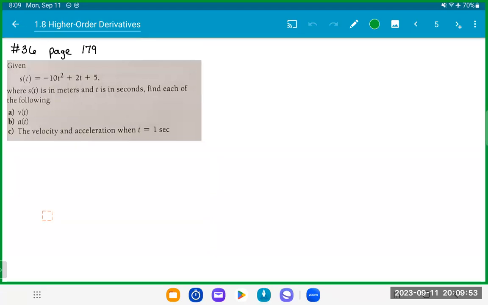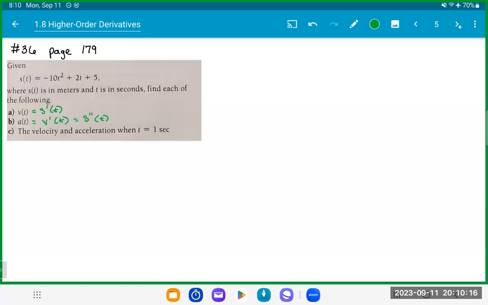So remember, our velocity, or our v of t, is equal to s prime of t, right? And our acceleration is our v prime of t, which is s double prime of t, okay?